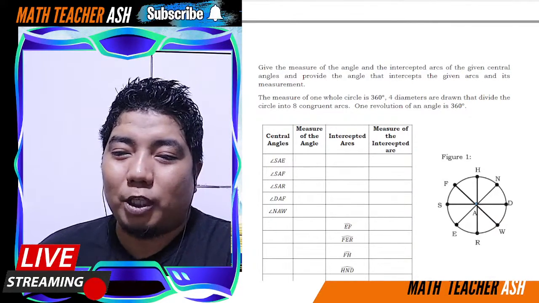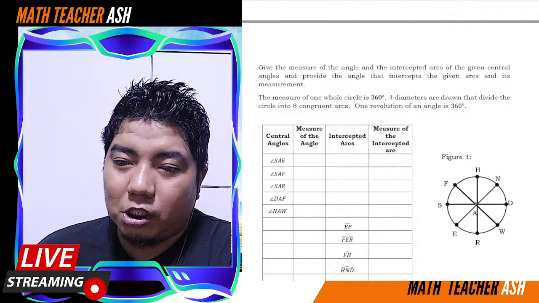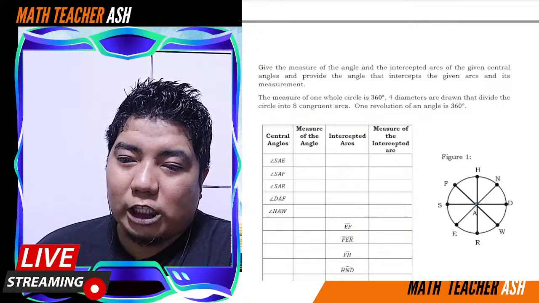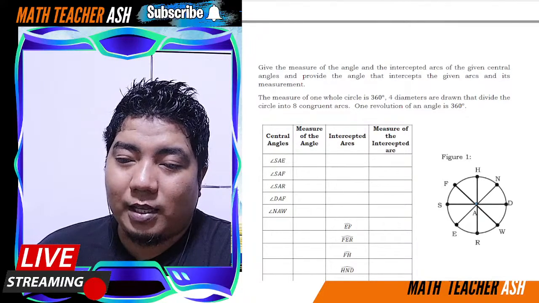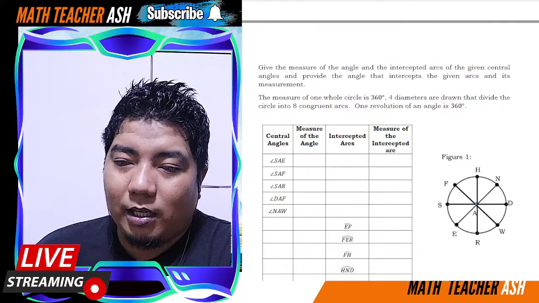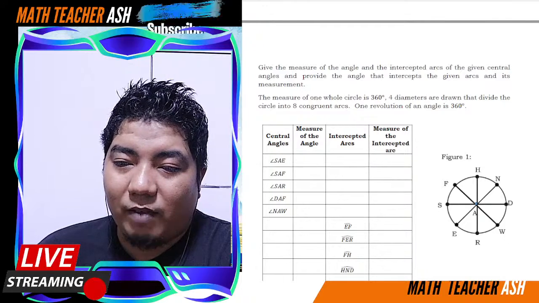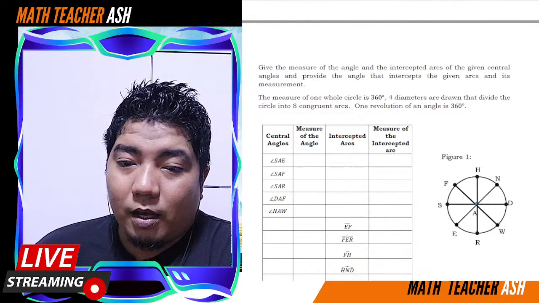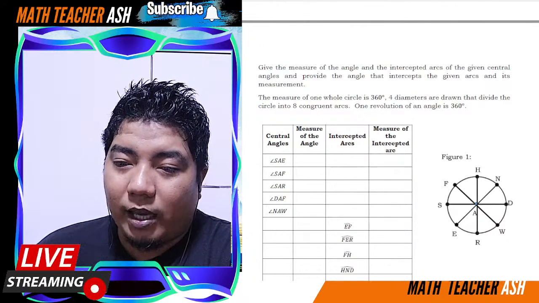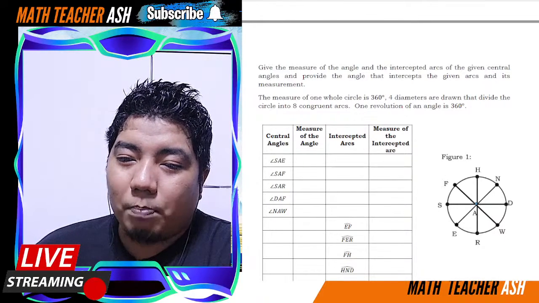So central angle is what we call an angle in the center of the circle. Okay, so what is the measurement of this? So of course, alam na natin na each arc is 45 degrees kasi ang 360 divided by 8, that is 45. So, SAE, this is 45, SAF, this is also 45, SAR, dalawang pi, kumbaga.